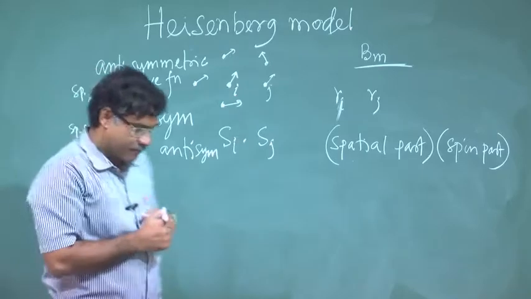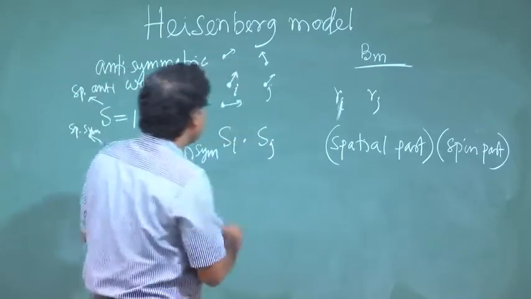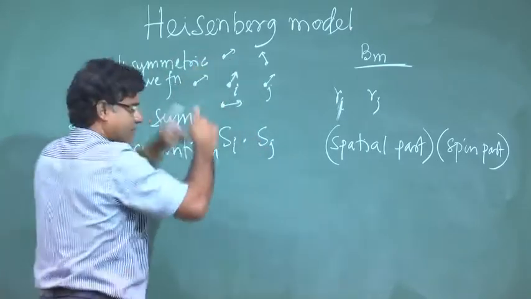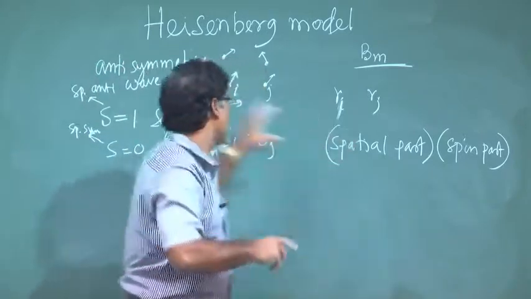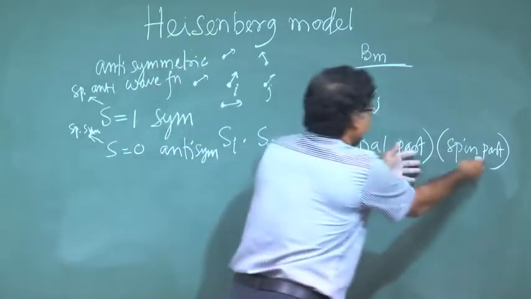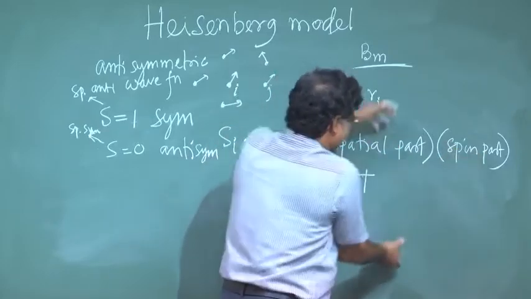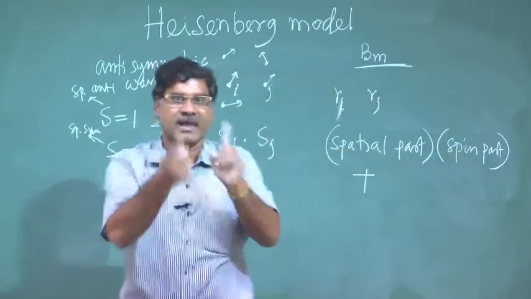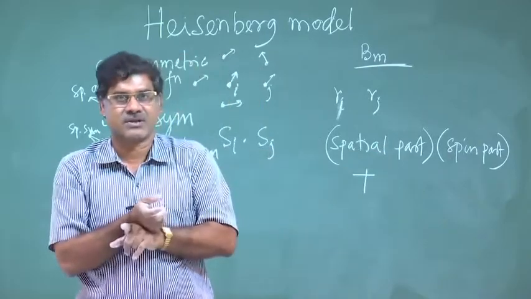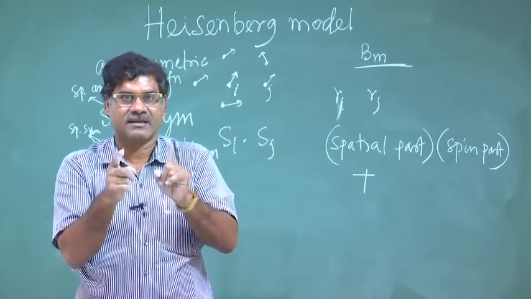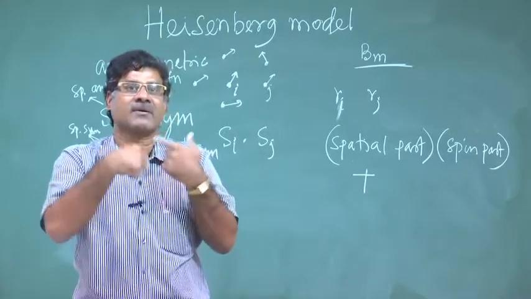What does it mean? How is this wave function formed? It has two parts, and these two parts come from the exchange, spatially as well as in the spin part.